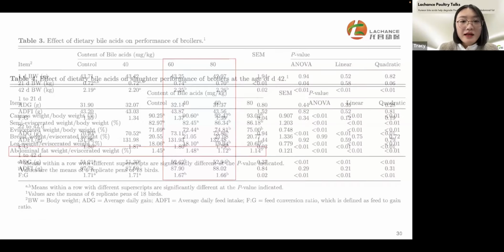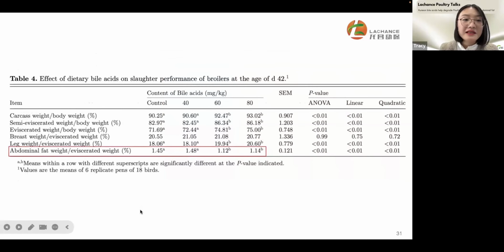Yeah. And this table shows the effect of dietary bile acids on slaughter performance of broilers at the age of 42. Here, I mainly want to show you the abdominal fat percentage, because this is the topic of our today's webinar, right?